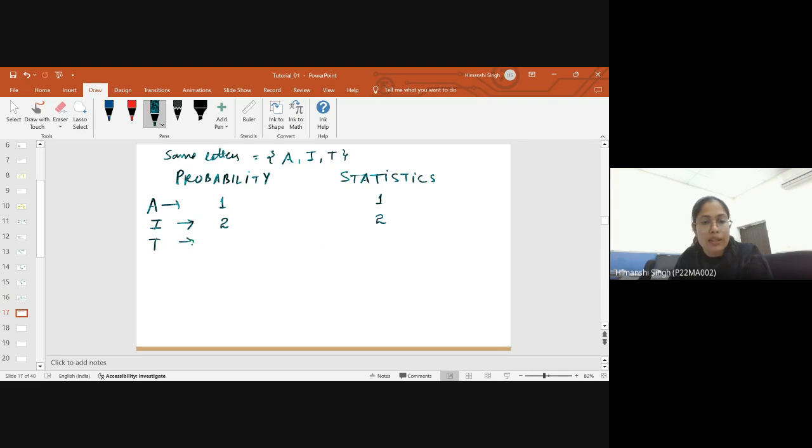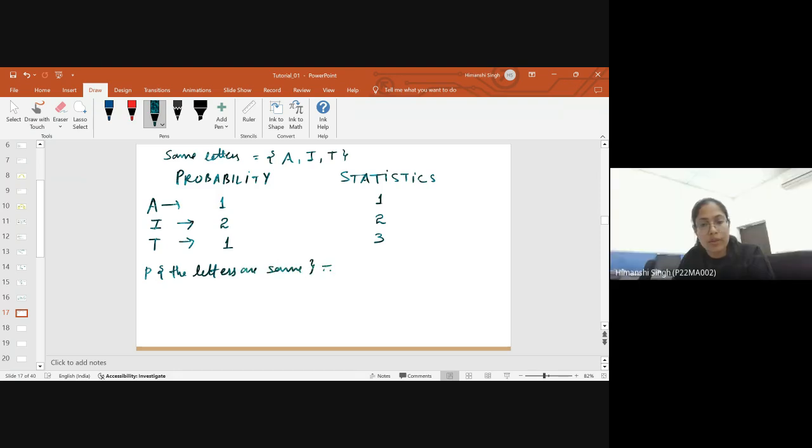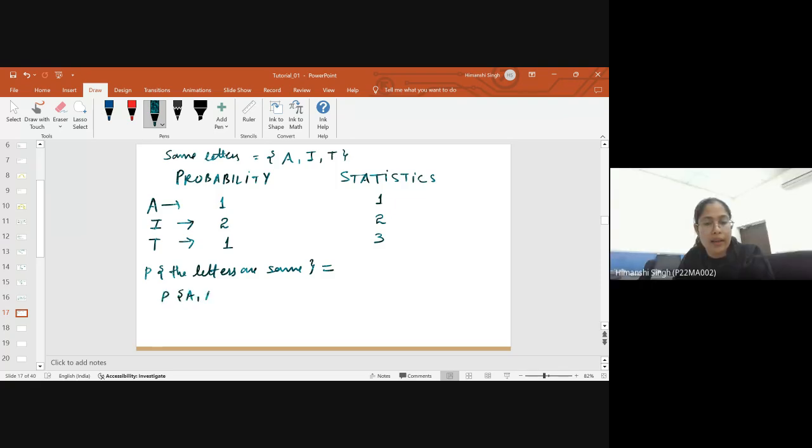And T appears one time in probability and three times in statistics. So what we need to find is the probability of the event that the letters are the same. It will be equal to the probability that both the letters are A, plus the probability that both the letters are I, plus the probability that both the letters are T.